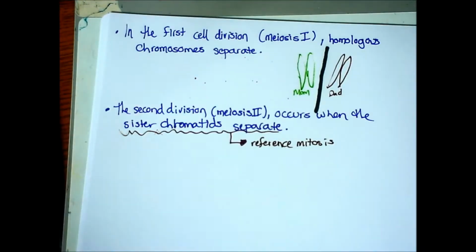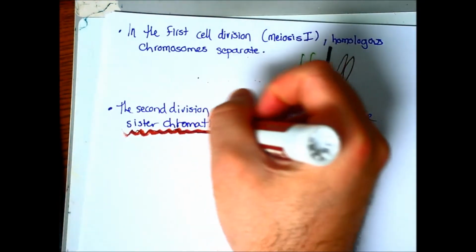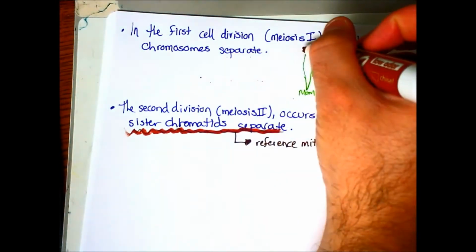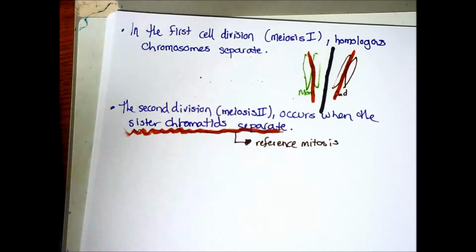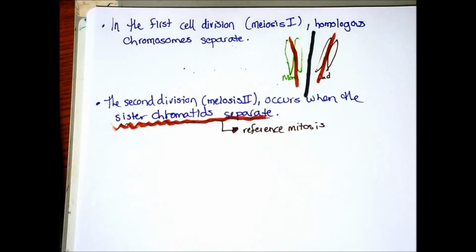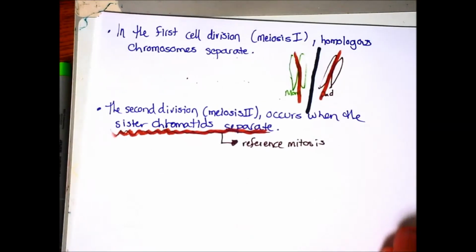Now going back up to my picture, if I was to observe a splitting of the chromatids, that separation of sister chromatids would have to facilitate a division right here and a division right here, which is just like mitosis for all practical purposes. And the end result has to be how many haploid cells? 4.